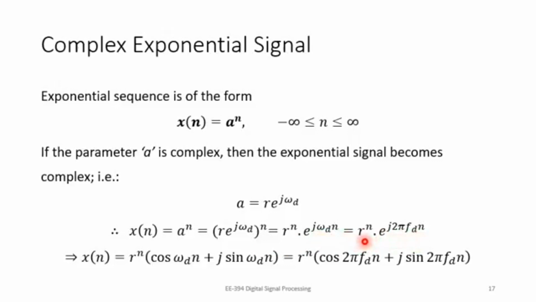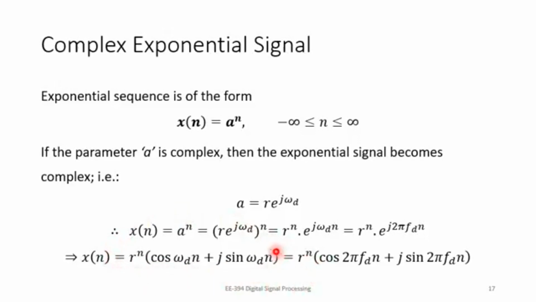So this will be r raised to power n into e raised to power j 2 pi f d n. We know from Euler's theorem that e raised to power j theta can be expanded into cos theta plus j sine theta. Using that expansion, x[n] can be written as r raised to power n into cosine of omega d n plus j sine omega d n.